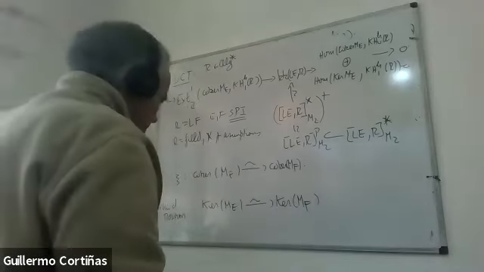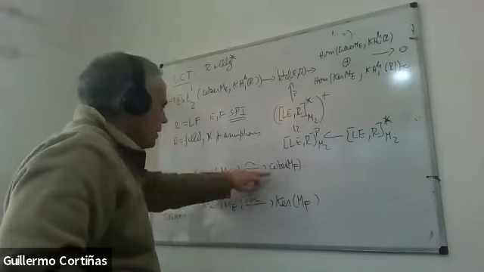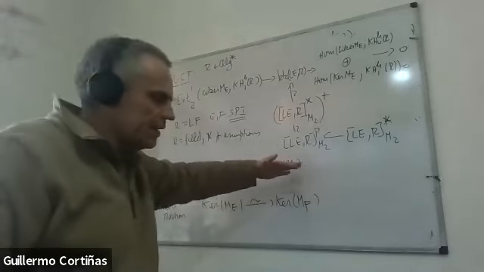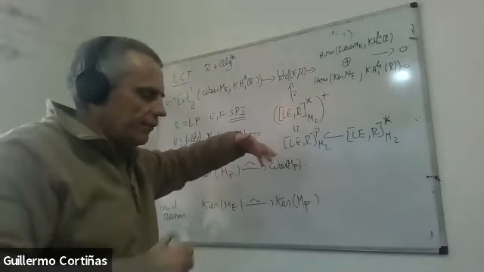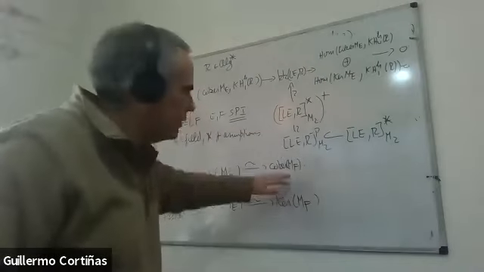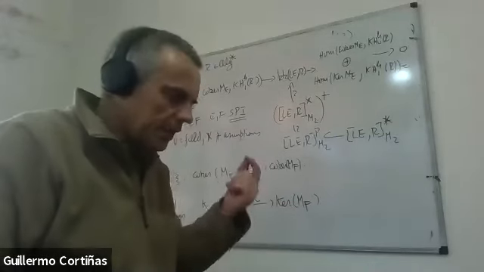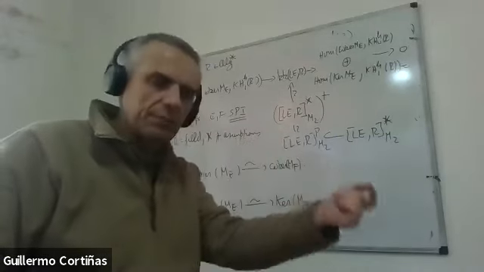And this cokernel is the free abelian group generated by vertices modulo certain relations, and each vertex corresponds to a projective module.